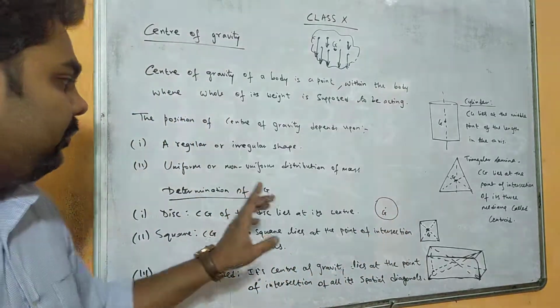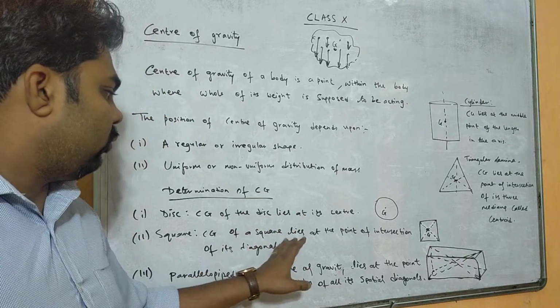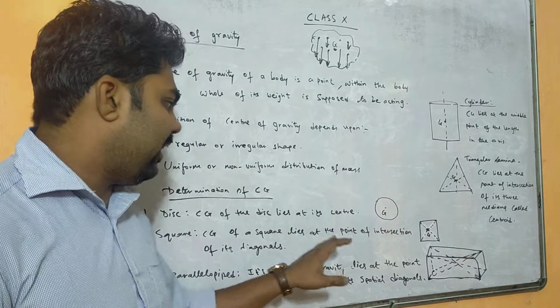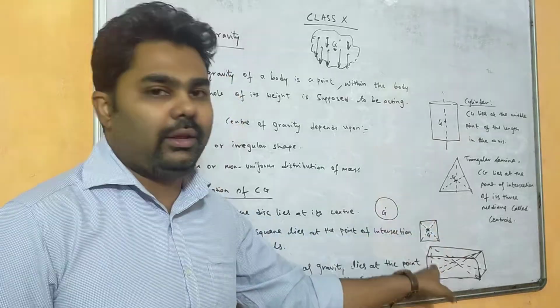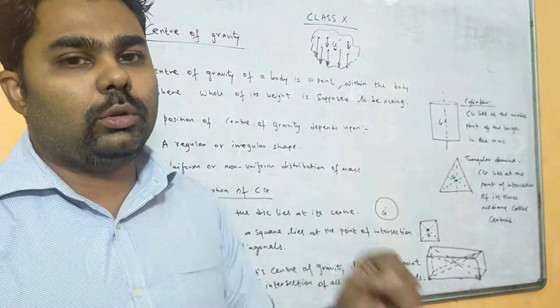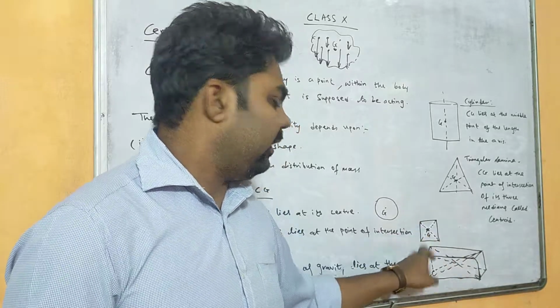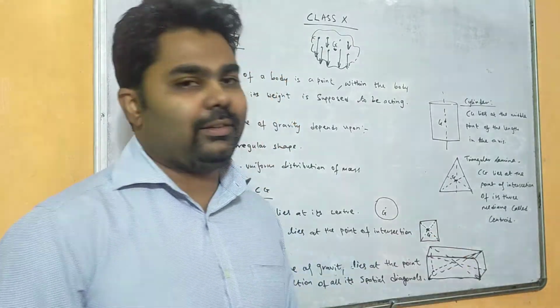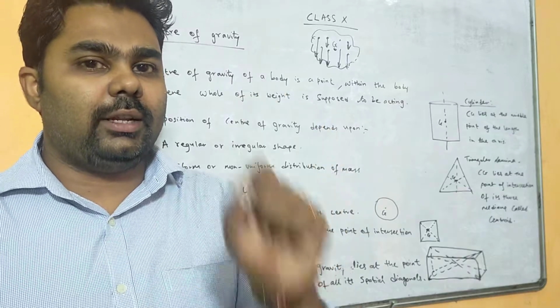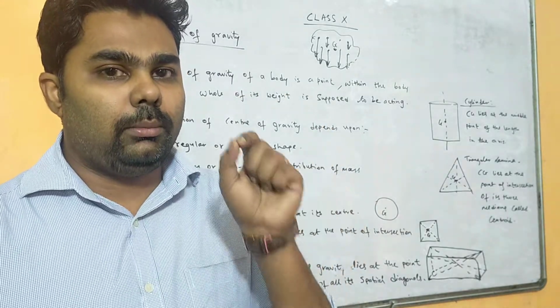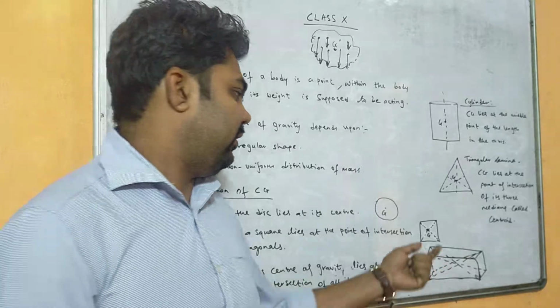Next we have a square. The center of gravity of a square lies at the point of intersection of its diagonals. If I draw a square here and draw lines from one extreme to the other, then at the point of intersection is the center of gravity. That means at this point the total mass or total weight is concentrated, right?